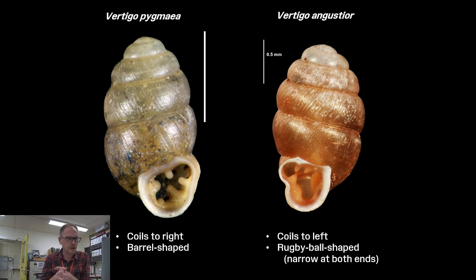If you look at the Vertigo angustior, you put the pointy bit at the top and the mouth is on the left at the bottom. And once you get your eye in with this, it's like left and right handed screws, you can't mix the 2 up. In almost all circumstances, a left-handed Vertigo that you find in Wales is going to be a Vertigo angustior. It's also, helpfully for us, a bit more rugby ball shaped, so it tends to be narrow at the top and narrow at the bottom as well, which is an extra feature you can use.